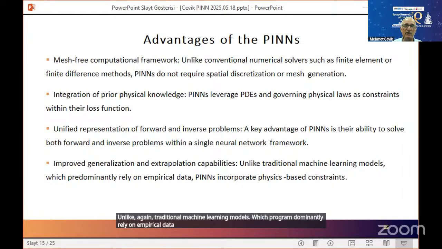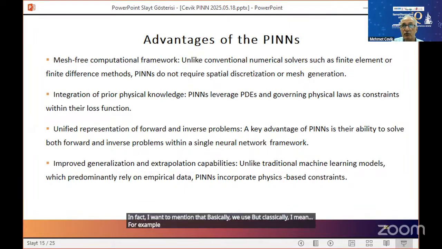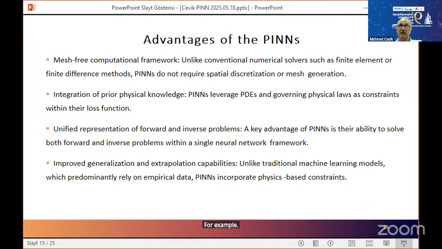PINNs incorporate physics-based constraints. In fact, I want to mention that classically, by classically I mean for 30 or 40 years, we have been using neural networks. For example, when I was preparing my PhD thesis before the year 2000, I used neural networks as part of my thesis.